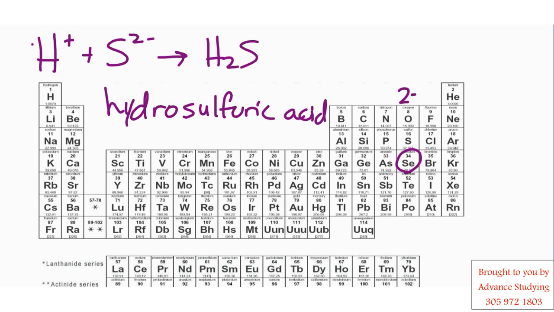So any element under this will have a charge of 2, and the 2 is transferred to hydrogen. Of course, we know this is 1, and the non-metals in this group are negative 3, because they would gain 3 electrons.